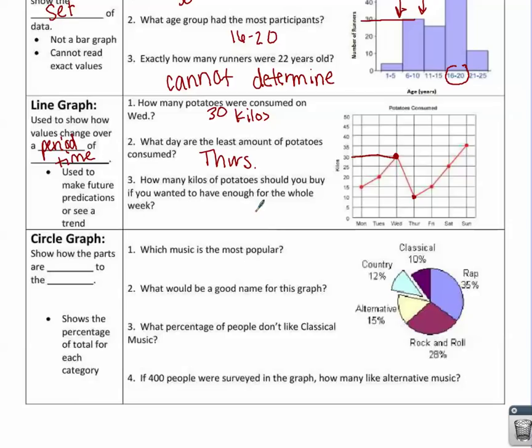So you would have to look at how many you are going to eat for each day and add them up for the whole week. So in this case, 15 plus 20 plus 30 plus 10 plus 15 plus 25 plus 35. You add all those up and you would get a total of 150 kilos of potatoes.